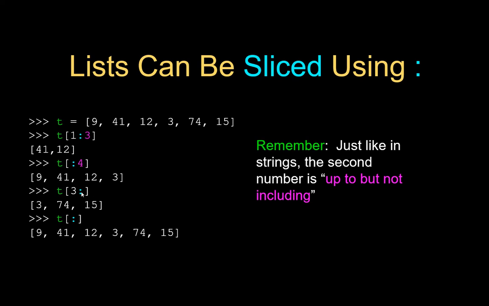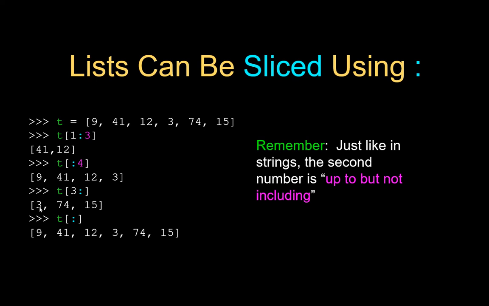If we don't put anything at the end of the square bracket, Python assumes that it's still the end of the list. So the start position is position number 3. So this is 0, 1, 2, 3. So position number 3 value is 3. This is like a coincidence here.